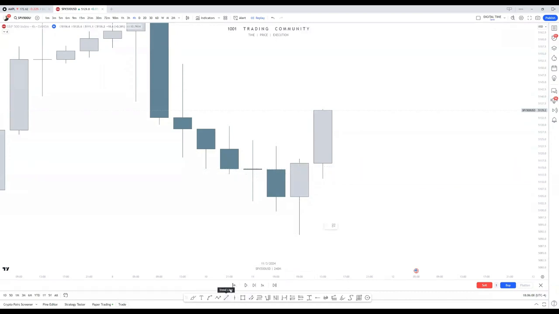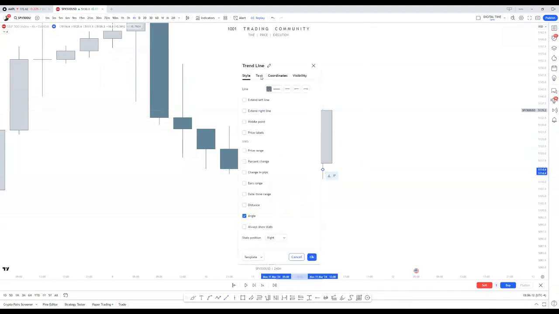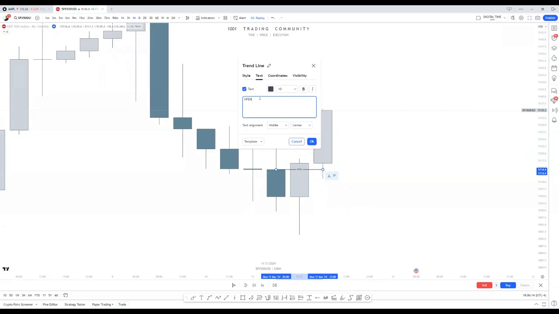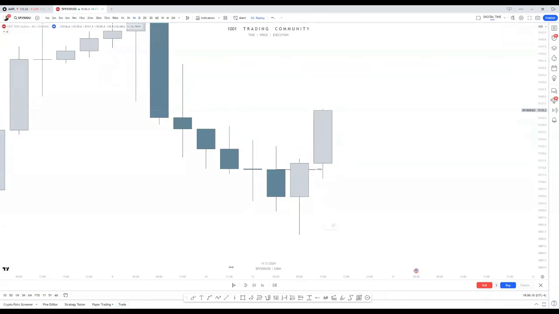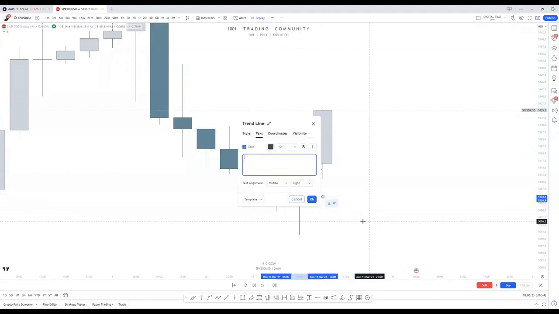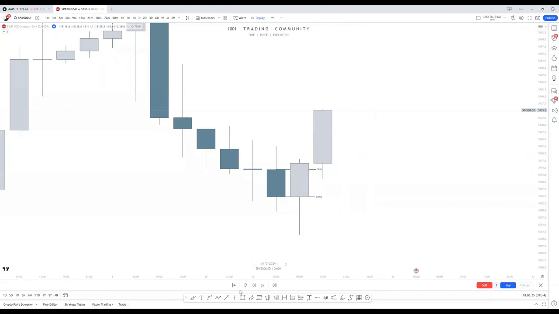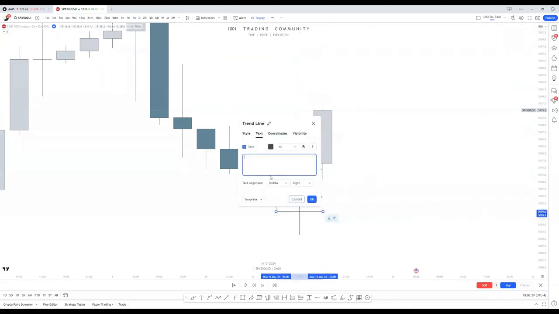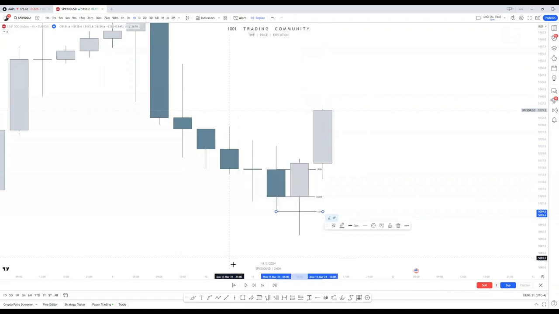And we're going to draw the open, which is right up there because it's a bearish candle. We're going to draw the close. We're going to draw the low. And the high.